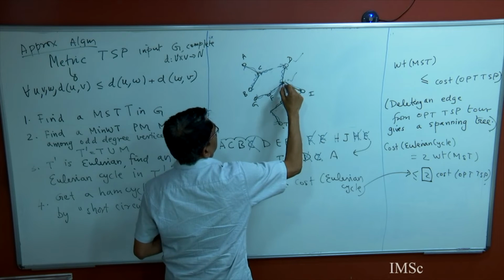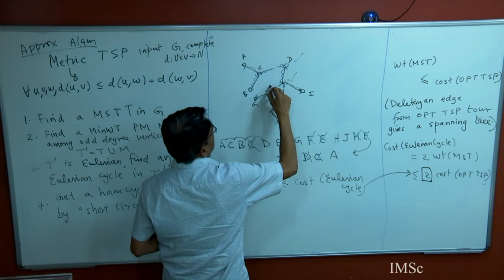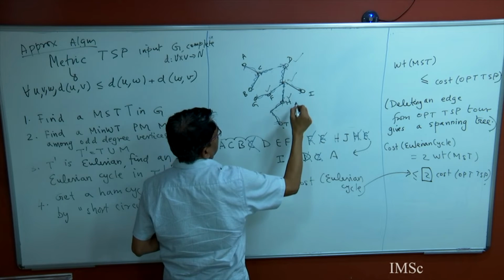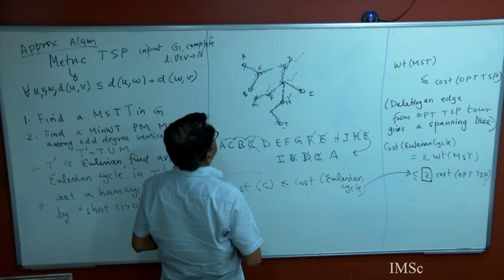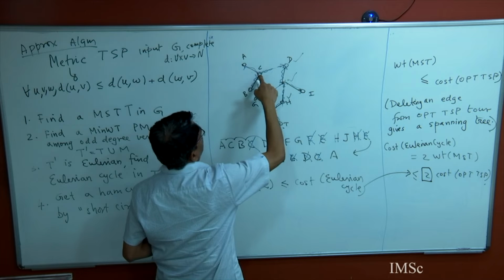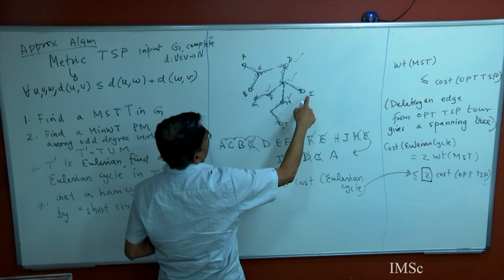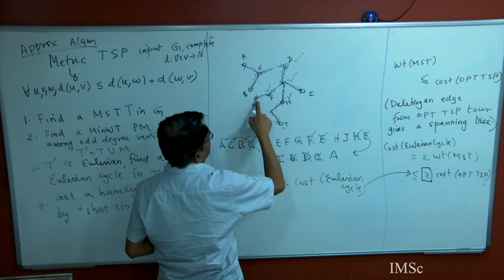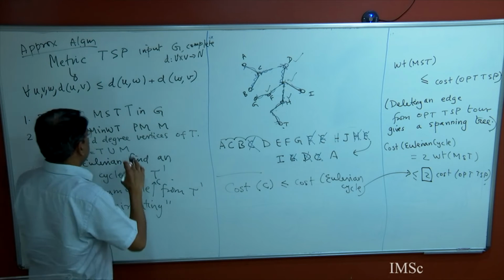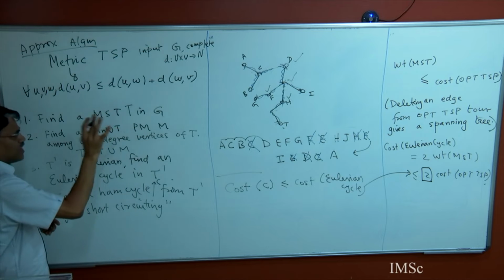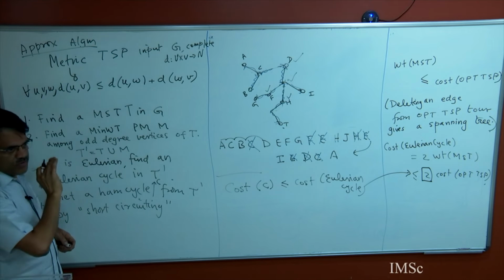This is of even degree. This is even degree. This is even degree. So, I only have to worry about these 3, 4, 5, 6 odd degree vertices. So, I find a minimum weight perfect matching. Now, how is that possible? Well, that's a black box, I'm not going to talk about it.